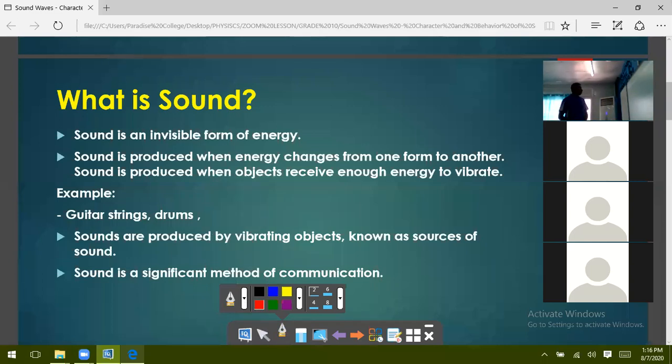And sound is produced when energy changes from one form into another. So sound is produced when an object receives enough energy to vibrate. Example, like a string of a guitar.